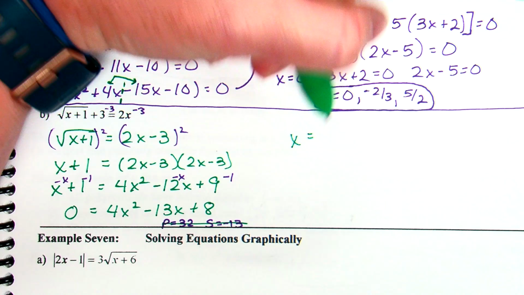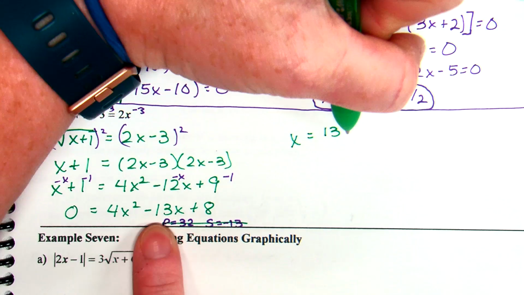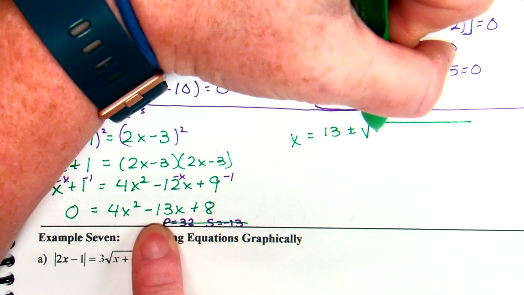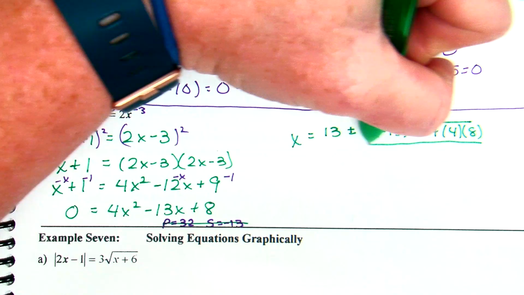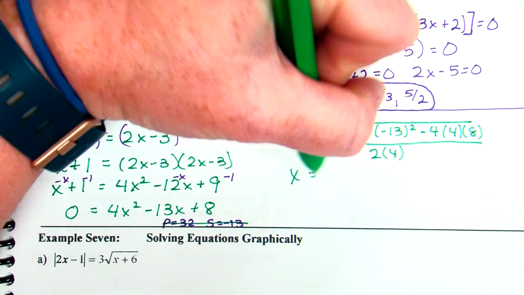As I finish quadratic formula real quick here. X equals negative b. So that's going to be the negative 13, so positive 13, plus or minus the square root of b squared. So negative 13 squared minus 4 times a, which is 4, times c, which is 8, all over 2a, so 2 times 4.